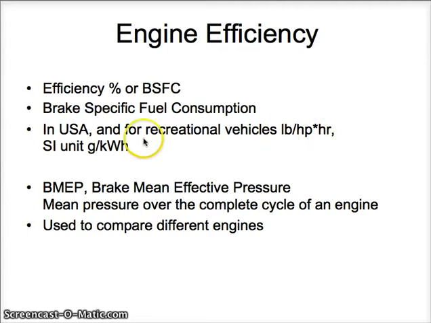But the SI unit is gram per kilowatt hour. Another thing about engine efficiency is the brake mean effective pressure. That is the mean pressure over the complete cycle of an engine. And that value could be used to compare the performance of completely different engine designs and engine sizes.